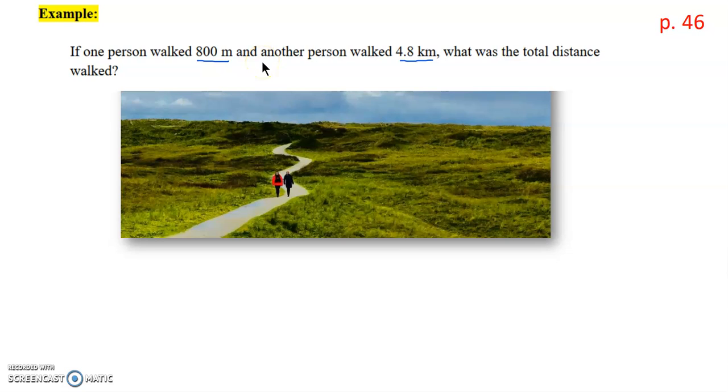So I'm going to look at converting the meters to kilometers, and then I'll be able to put these numbers together. Because the question is asking for the total distance, then I know that I'm going to be adding these two distances together. So first up, I'm going to convert my meters to kilometers. If we remember on our metric line, kilometers, then hectometers, then decameters, and then meters.